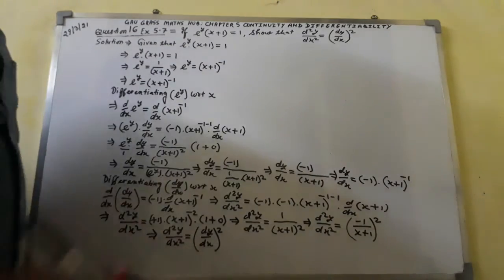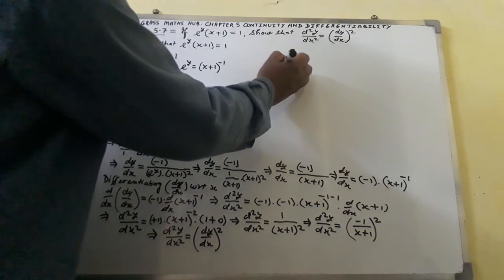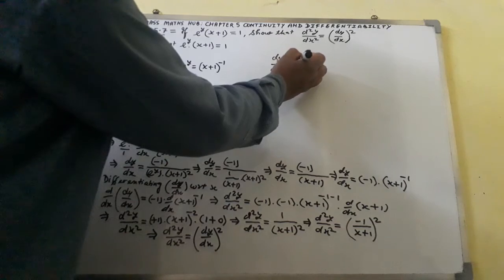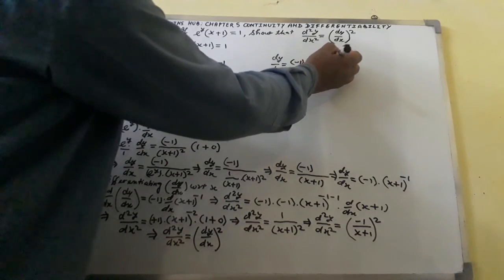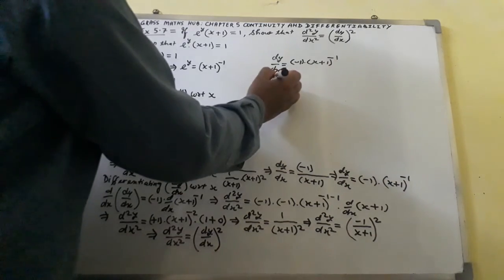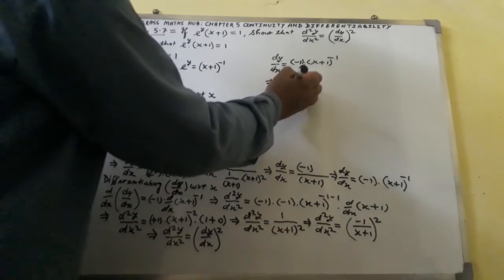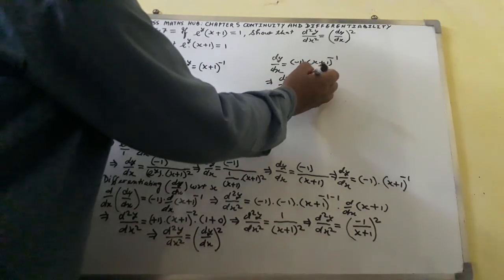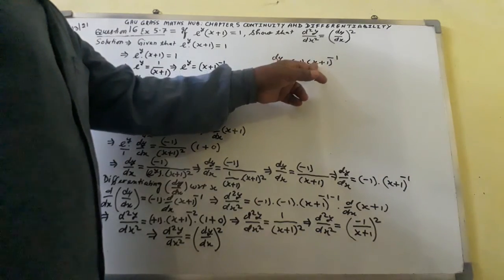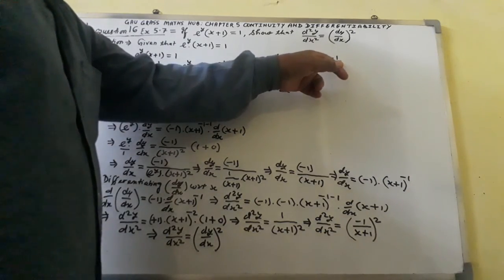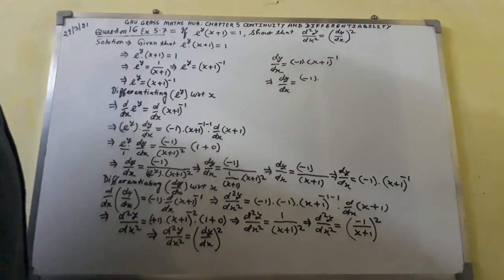Here dy over dx equal to minus 1 dot x plus 1 raised to the power minus 1. So here you will get, implied that dy over dx equal to minus 1 in numerator, and x plus 1 raised to the power minus 1 will be thrown back in denominator.